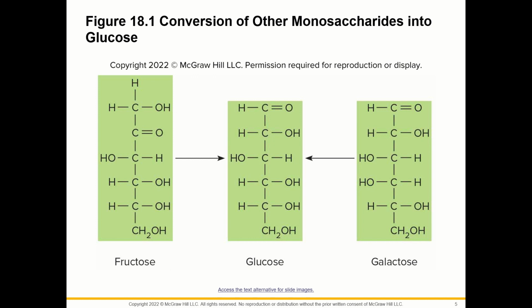This diagram, figure 18.1, shows the conversion of other monosaccharides into glucose. So fructose, glucose, and galactose are what we call isomers. They have the same chemical formula, C6H12O6, but they have a different chemical structure. And that's why the liver can convert fructose and galactose into glucose.